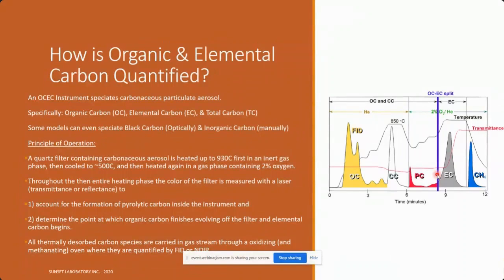This split point is basically the point at which organic carbon, which we would classify as OC, carbonate, and pyrolytic carbon initially are all classified as organic carbon, but in order to account for carbonate carbon, you would have to do some manual work. Everything that comes out after the split point is referred to as elemental carbon.